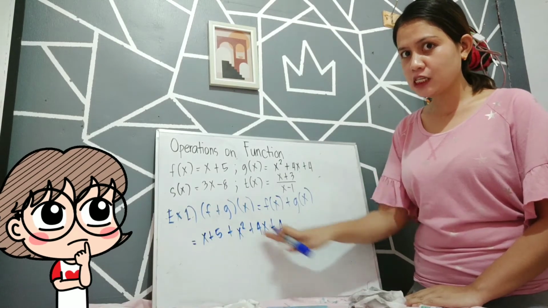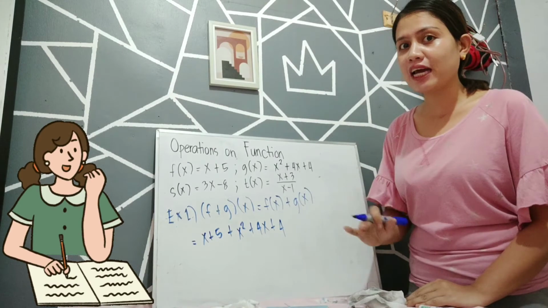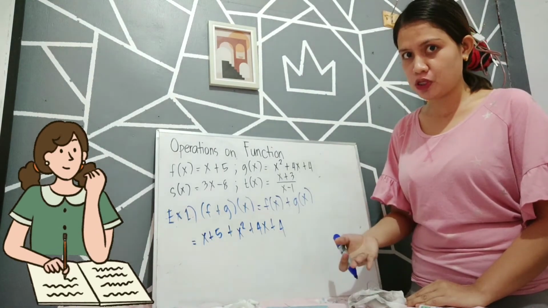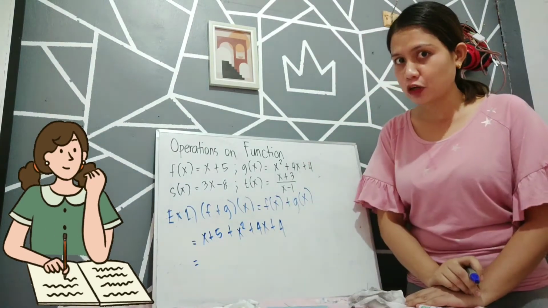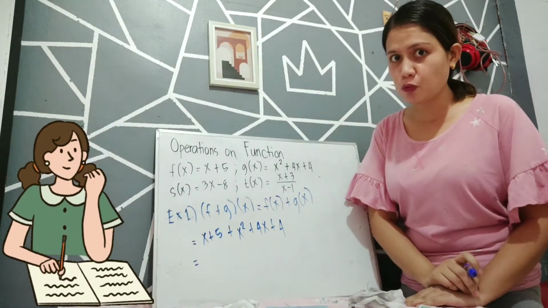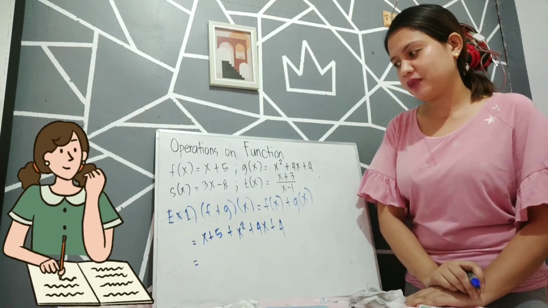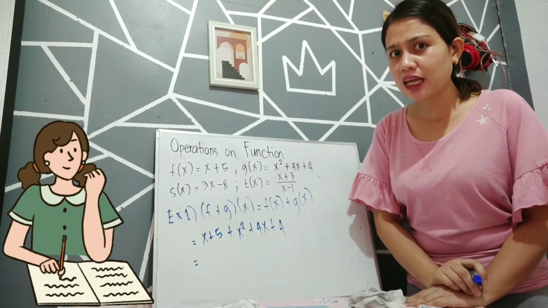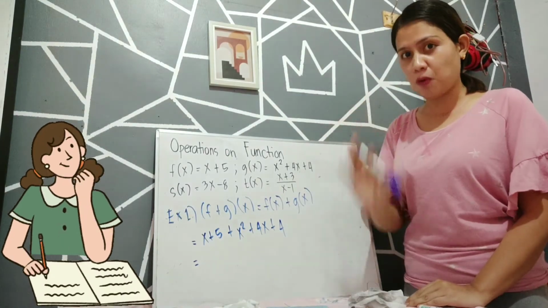After we replace its equivalent function, what's the next step? We need to combine like terms. What does it mean when we say like terms? Like terms are terms with the same variable and the same exponent. Let's start with the variable with the highest exponent.